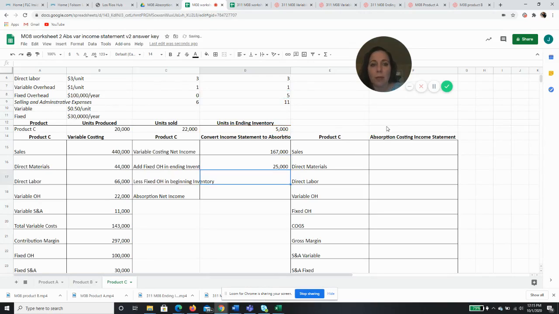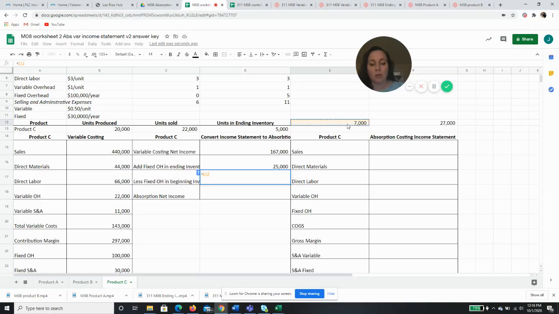All right, now we got to figure out what is our beginning inventory. So remember, our units sold plus units in ending inventory is going to equal our units produced plus beginning inventory. So if I take this 27,000 and subtract 20,000 units produced, it gives me 7,000 units in beginning inventory.